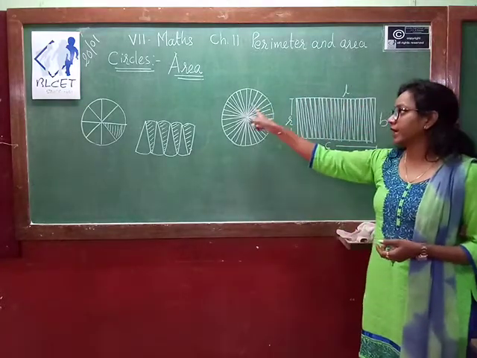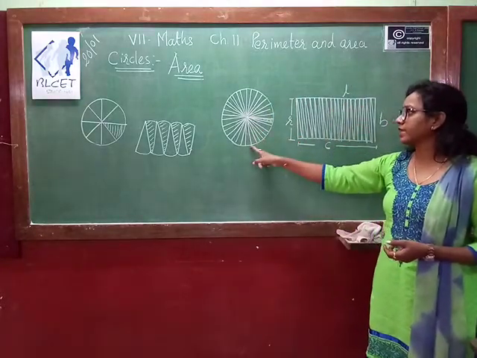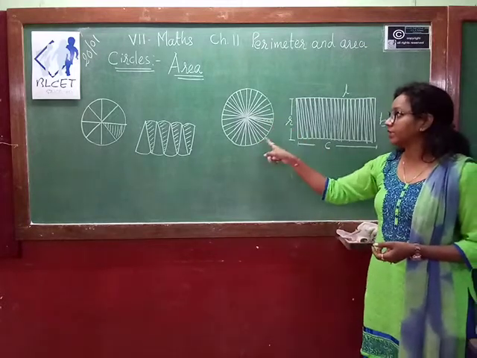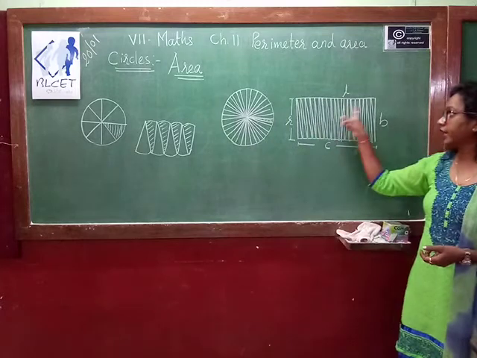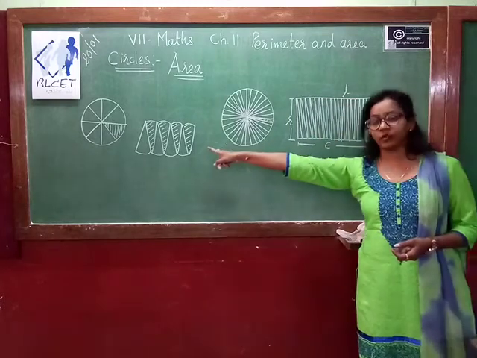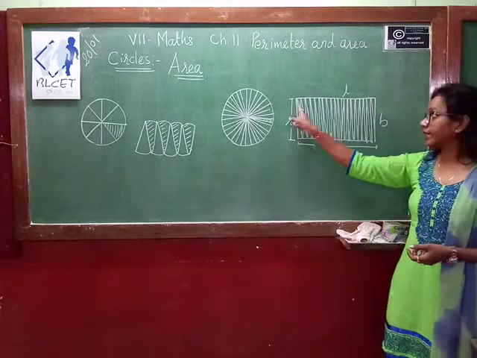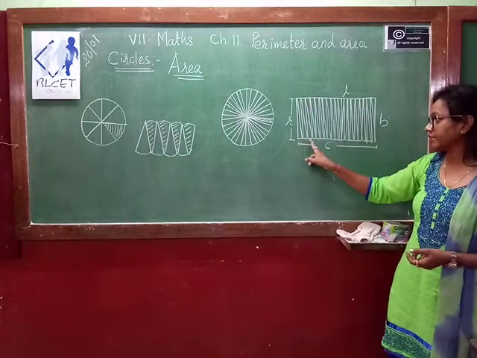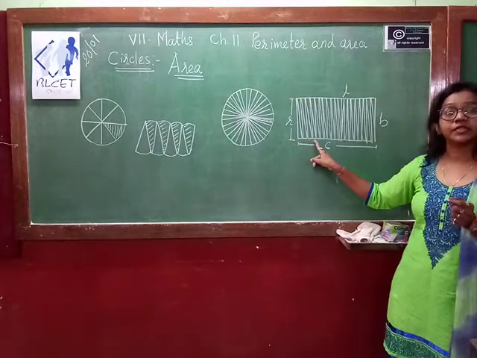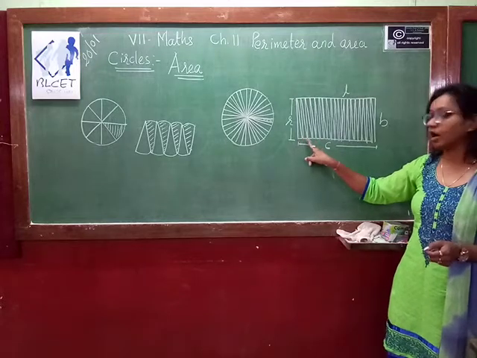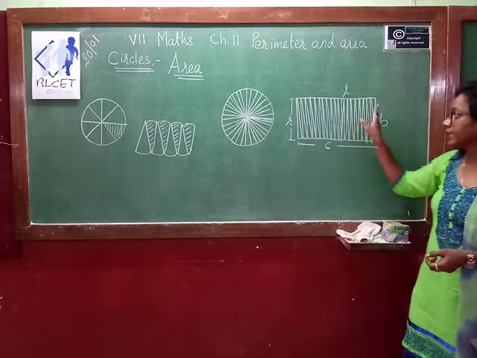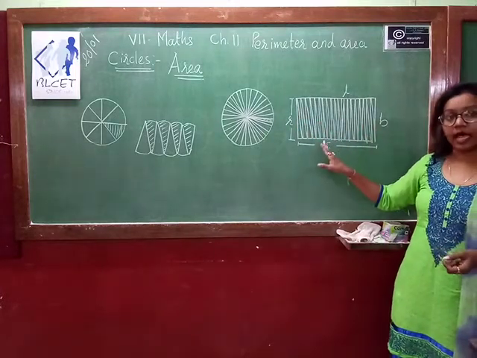I have divided this circle into very small parts, and when you cut this circle and arrange them like this, you are getting the exact shape of a rectangle where these surfaces are now a little bit straight. It is not in the curve shape.